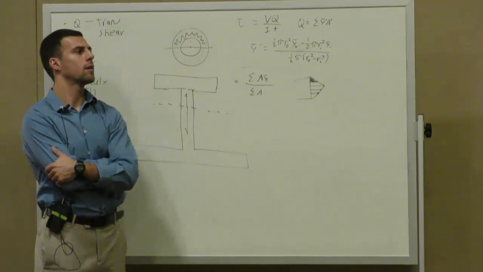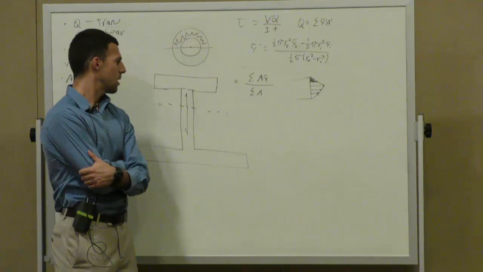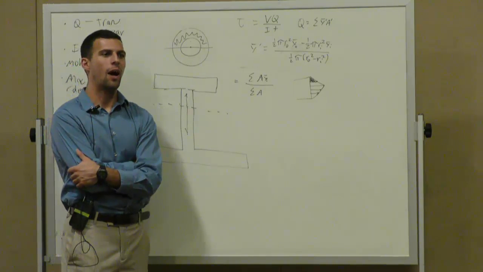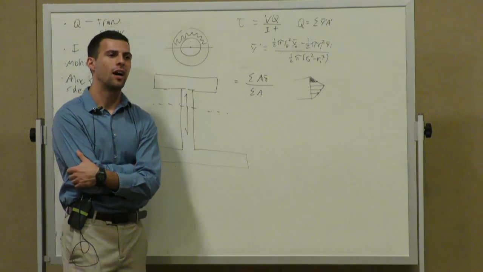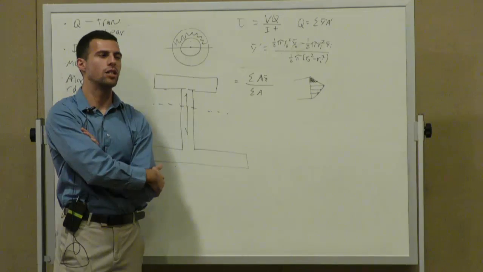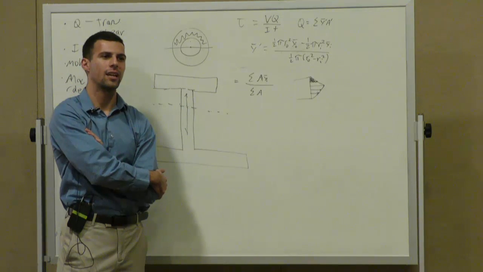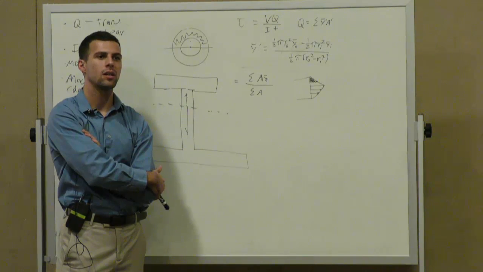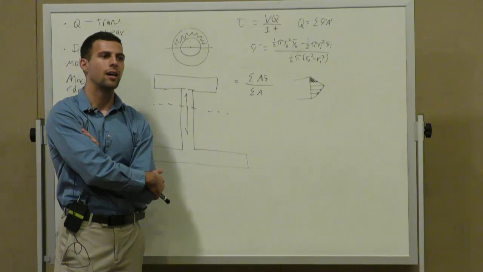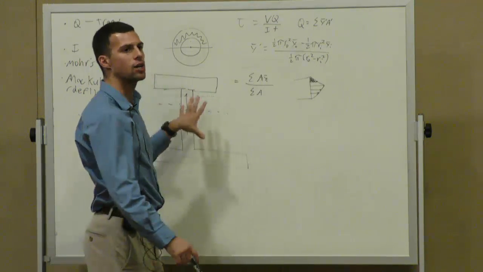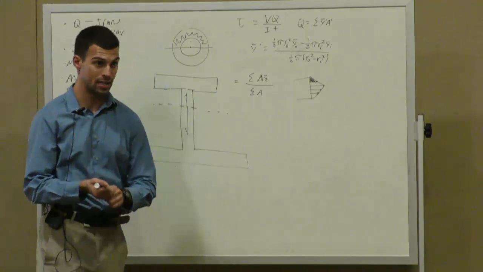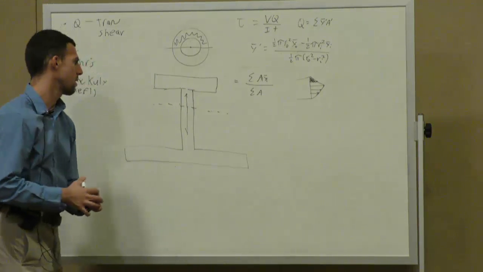Actually, wait a minute. Because if the area is the same on the top and the bottom, how can you? You can't have an object that is unsymmetric about the neutral axis like that. Not area-wise. You might have it where it's unsymmetric about your point of interest, but not about the neutral axis, now that I think about it.